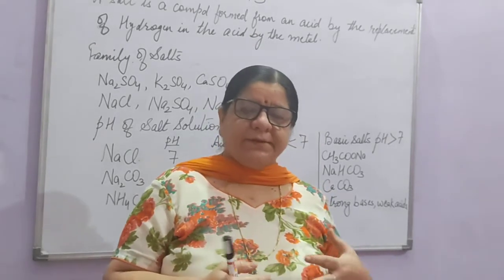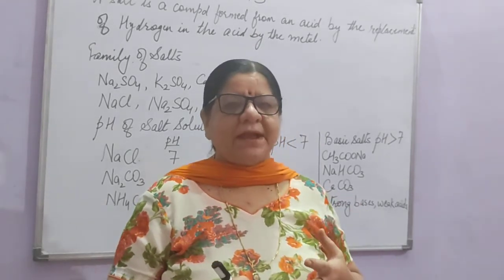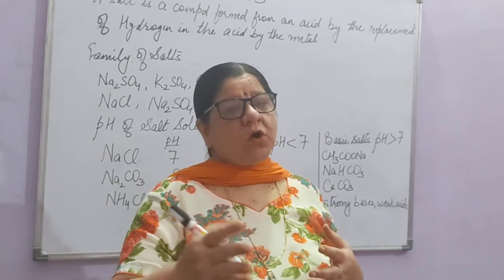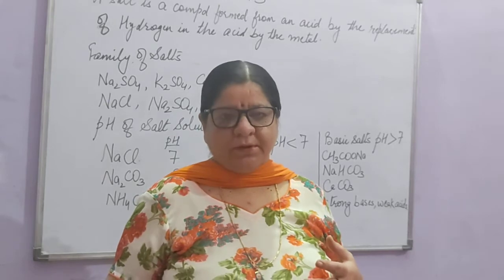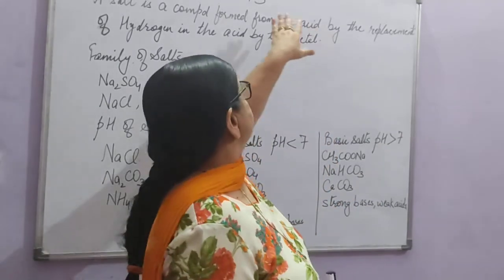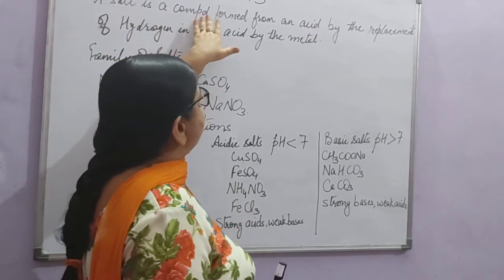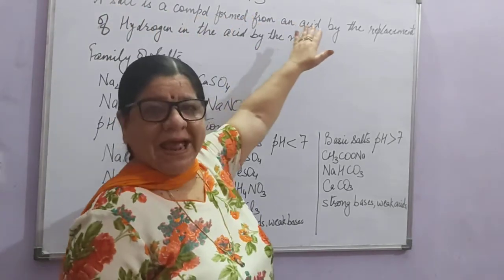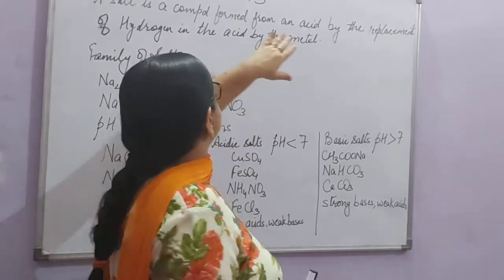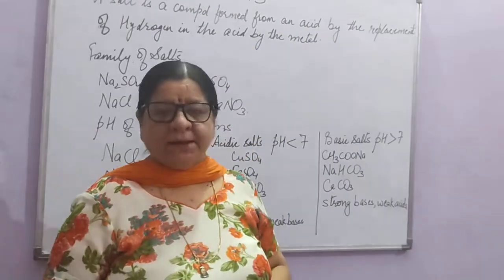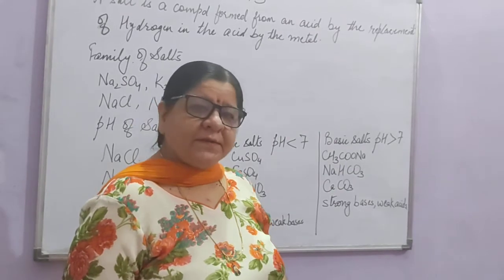You learnt that in the neutralization reaction, when an acid reacts with a base, salt and water is formed. So what is actually a salt? A salt is a compound formed from an acid by the replacement of hydrogen in the acid by the metal. Now how is this hydrogen replaced?